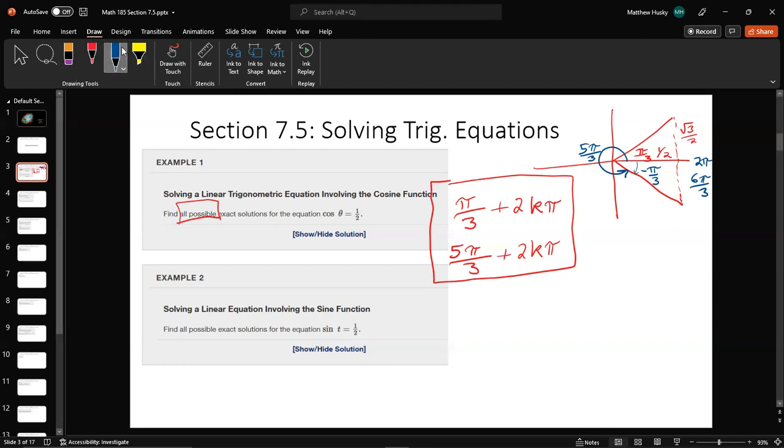And the k is just a stand-in. Basically it means k turns around the circle. So if you spin around once, that's 2 times 1 times pi, where k is 1.